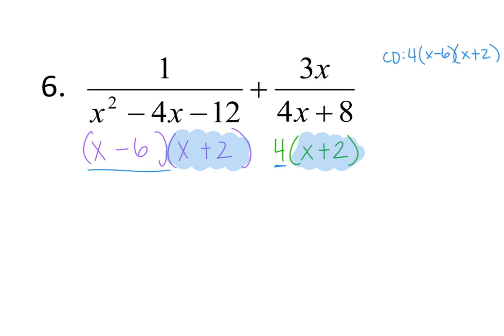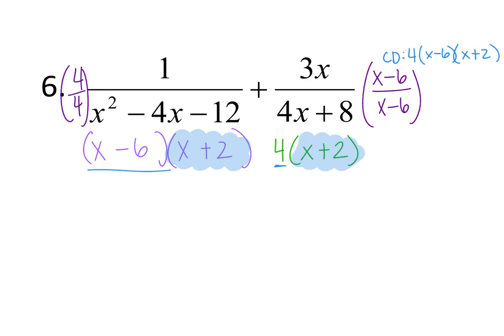On my first fraction, what am I missing? Just the 4. Okay, when I say what am I missing, I'm saying what am I missing from the whole common denominator. So 4 is what we're missing, 4 over 4. And then on the backside, what are we missing? We have the 4, we have the x plus 2, we're missing the x minus 6. And again, it's a whole unit together. You can't just be like, oh, we're just missing the negative 6. That's not true. We're missing the whole unit, x minus 6.